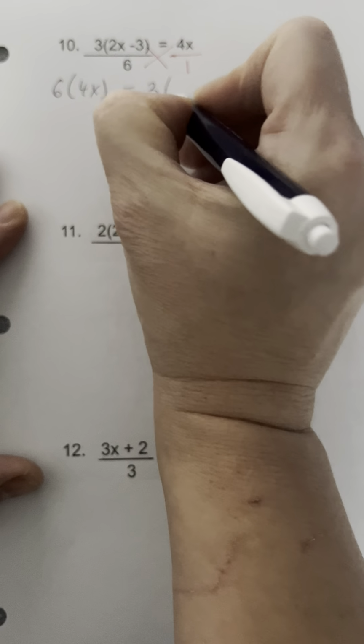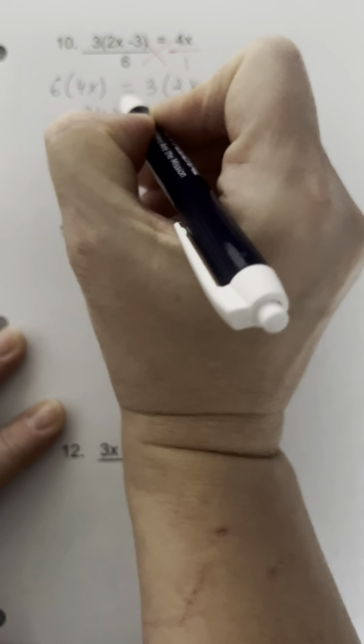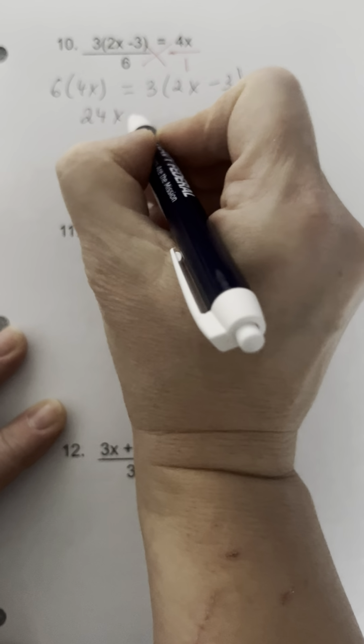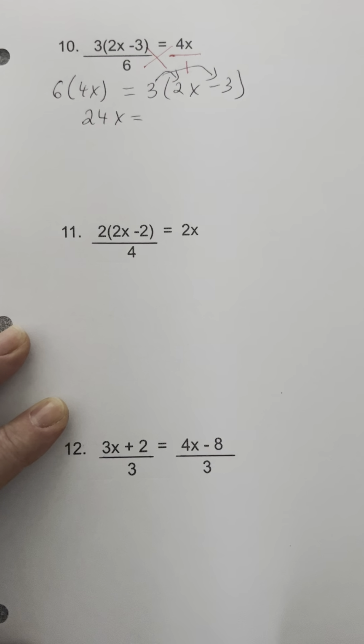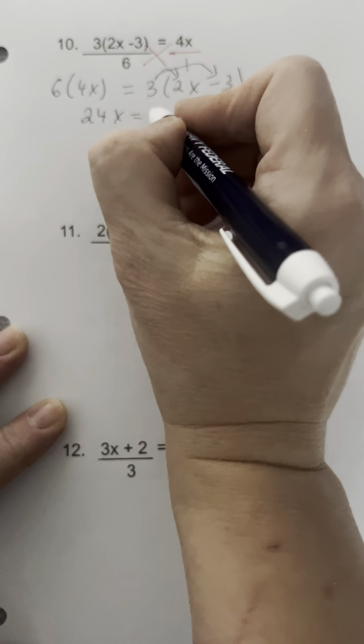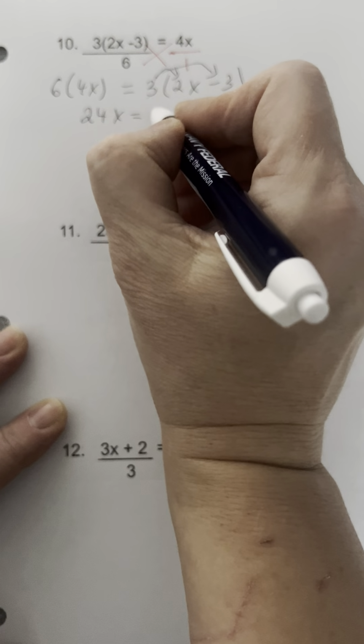See, it wasn't that difficult. All right, 6 times 4. Do not forget the x. That's one of the mistakes I've seen over the years. Distribute. So 3 times 2, 6x, and 3 times negative 3, negative 9.